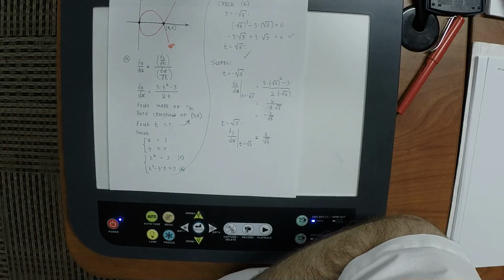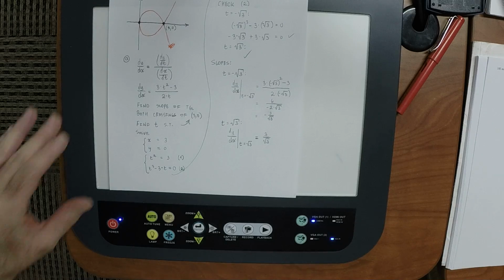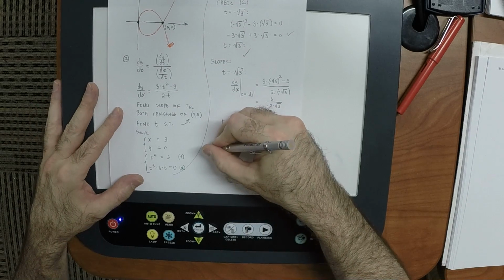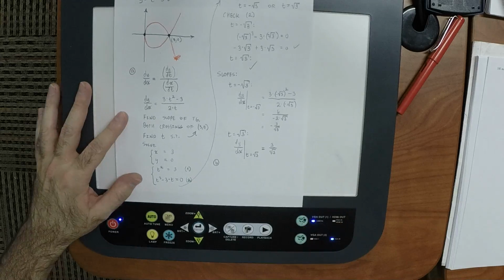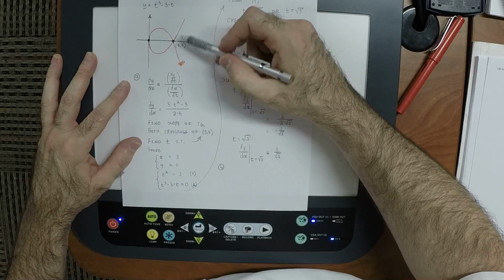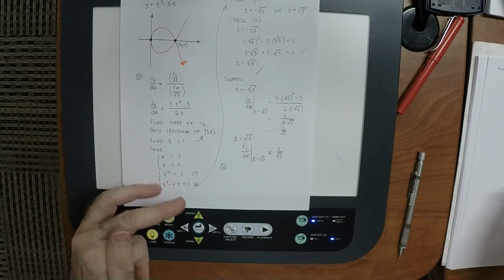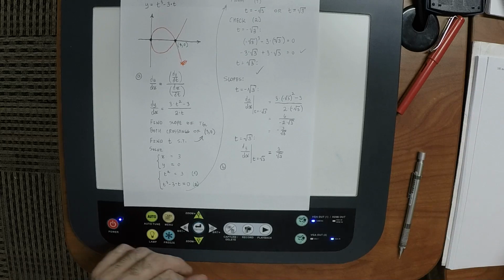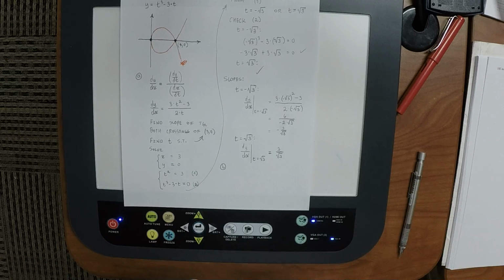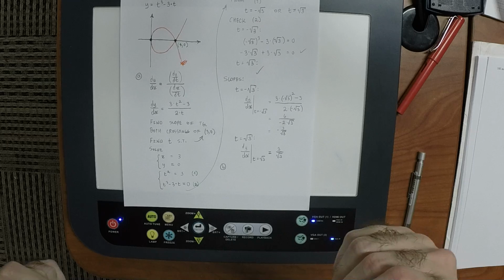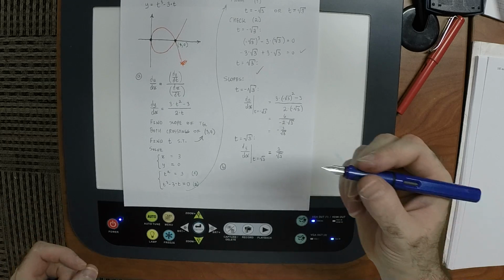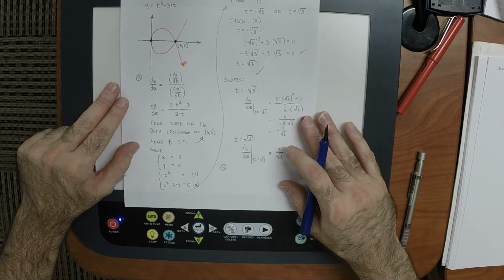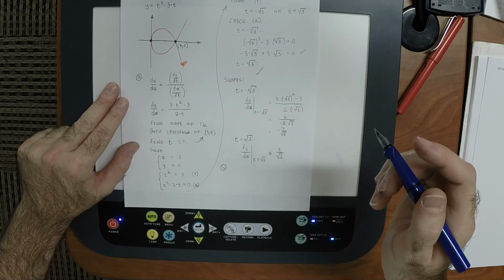Okay? So now, here's a different question. Concerning that plot there, are there any places where the tangent line is going to be horizontal? And how many such places will the tangent be horizontal? 2 of them, right?